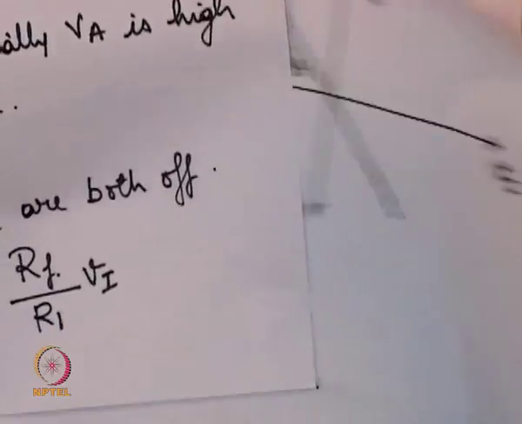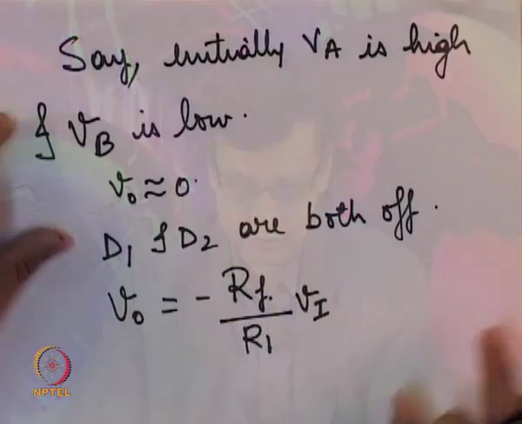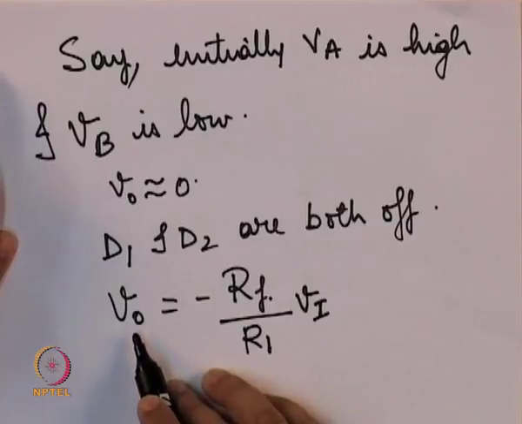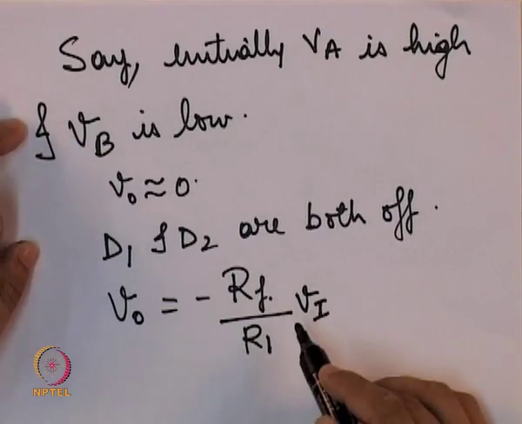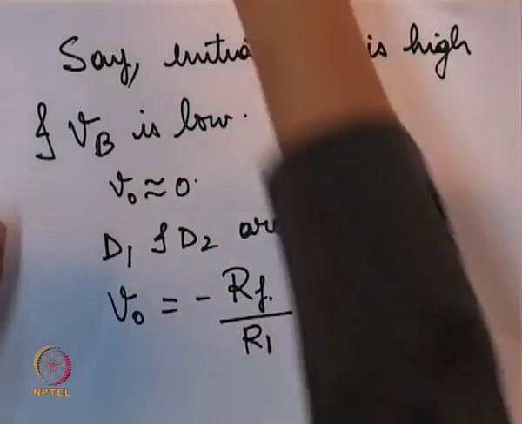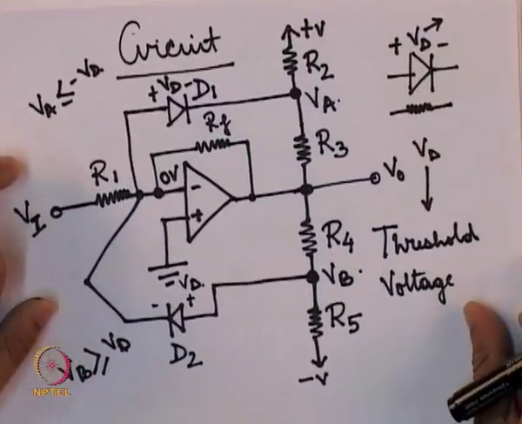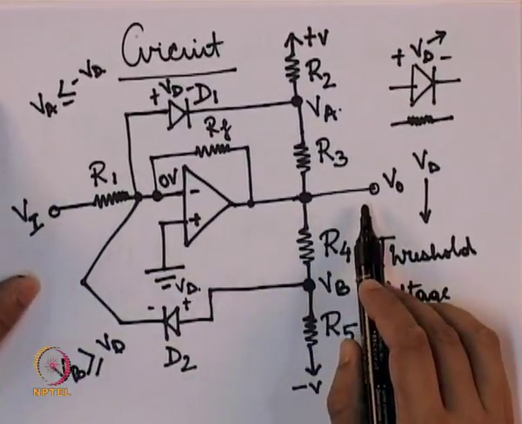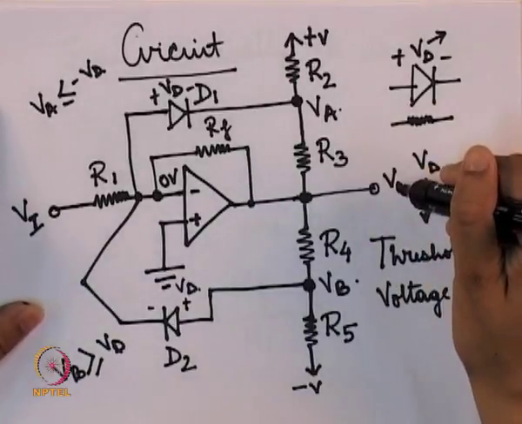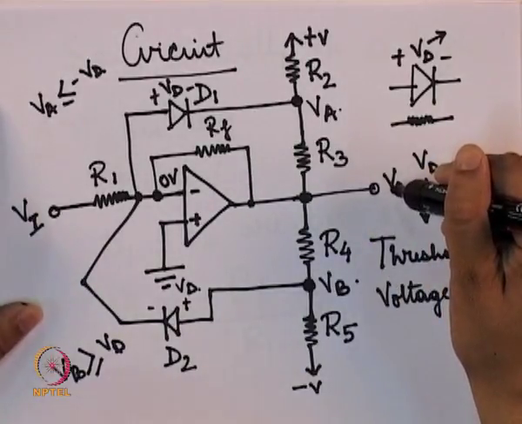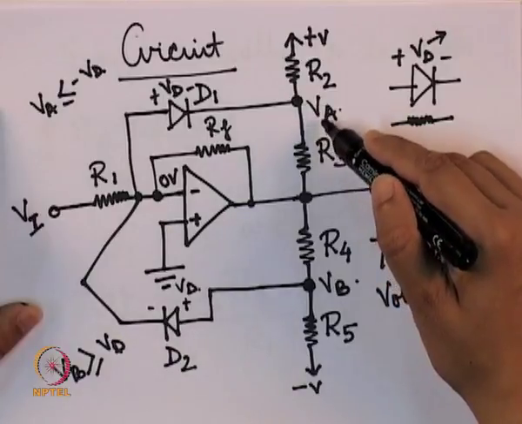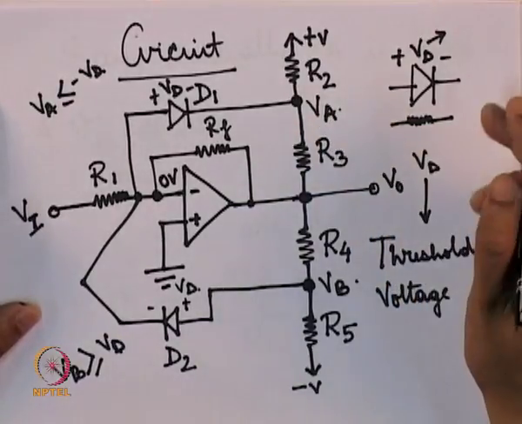Now, you see that as Vi becomes larger, my Vo becomes smaller, or rather more negative, till a point where Vo is so low that, if you go back to the circuit for a minute, as Vi increases, Vo goes on becoming more negative, and Va also goes on becoming more negative.